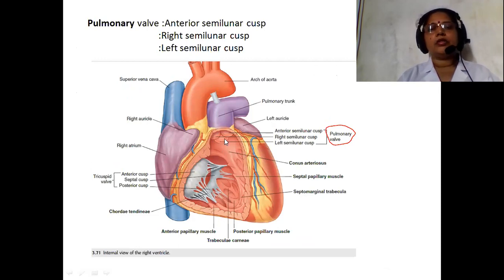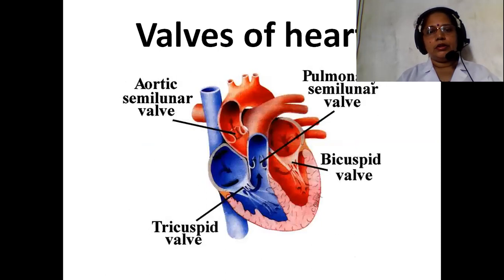This pulmonary valve has three cusps: anterior semilunar cusp, right semilunar cusp, and left semilunar cusp. Here you can see a pair: the aortic semilunar valve, which is present in the aorta, and the pulmonary semilunar valve, which is present in the interior of the base of the pulmonary trunk.